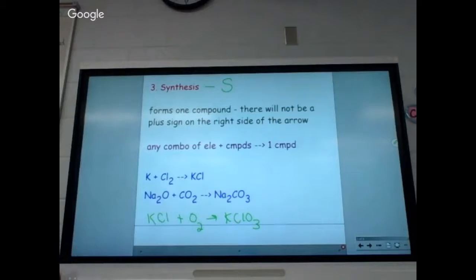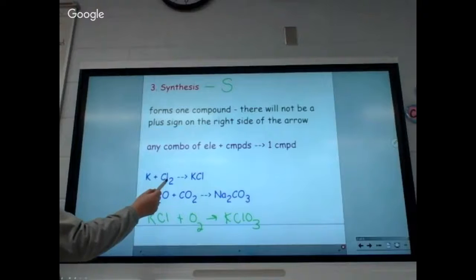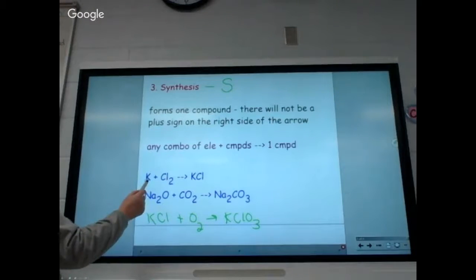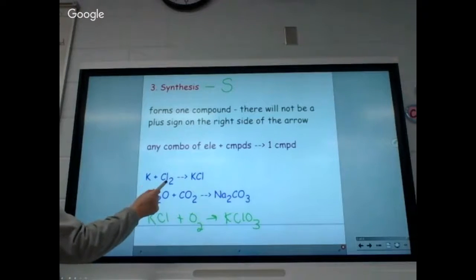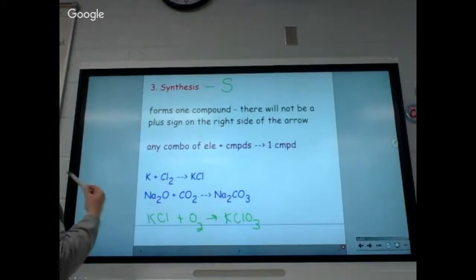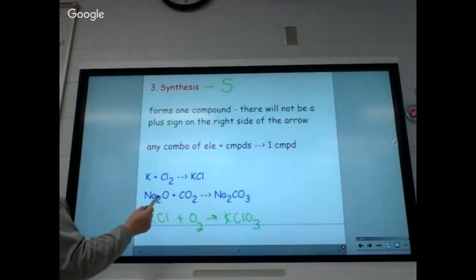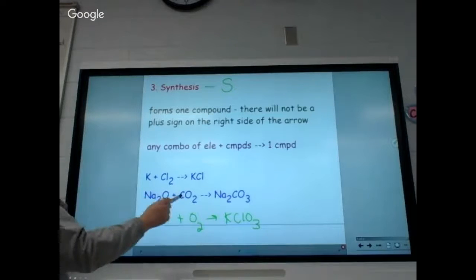Okay, so in the samples that I've written down, these two are what types of things? What's K? What's Cl? So this one is two elements make one compound. What's Na2O? It's a compound because it's got two capitals. What's CO2?